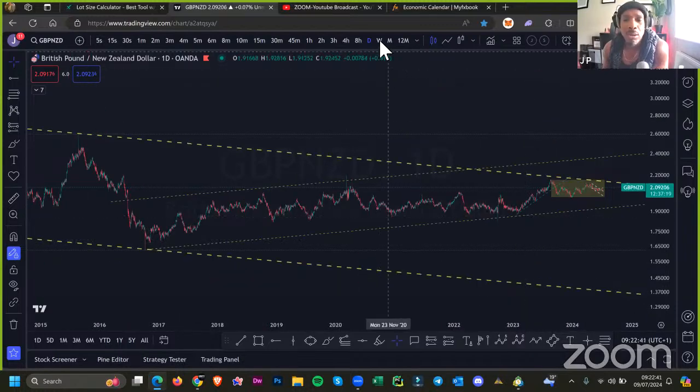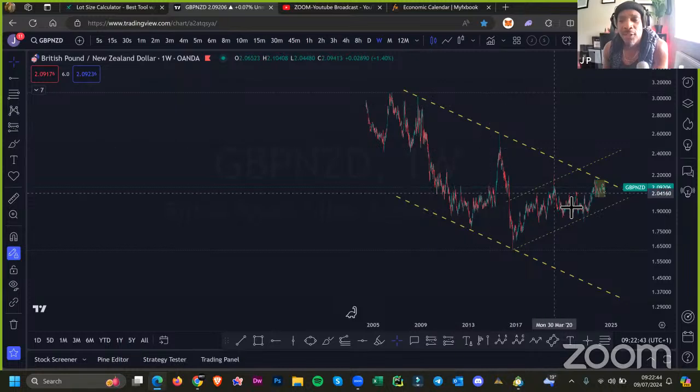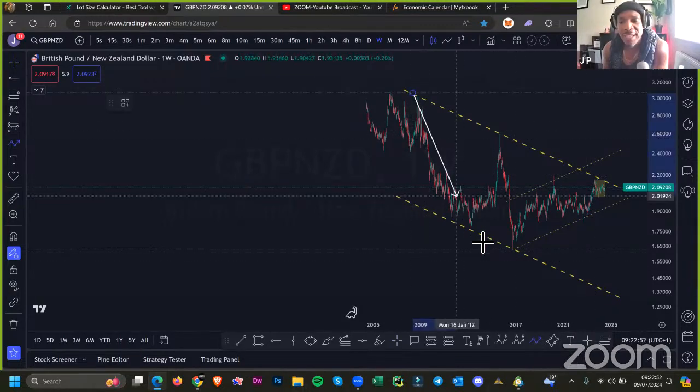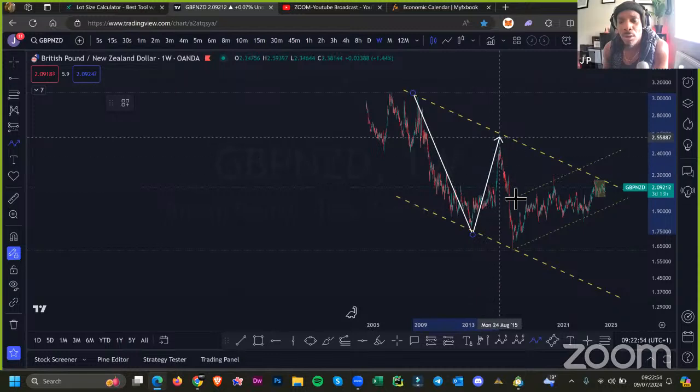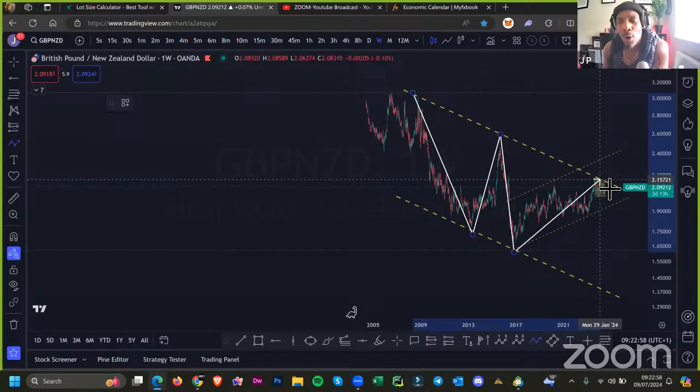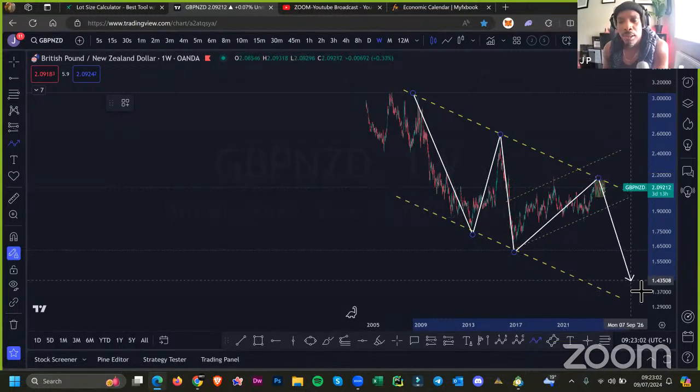I'm zooming all the way out, and we can see that this is a bearish market, making lower lows, lower highs, lower lows, lower highs, and we'd be expecting lower lows based upon what this market has been doing. Look, ping, pong, ping, pong. We'd be expecting ping.